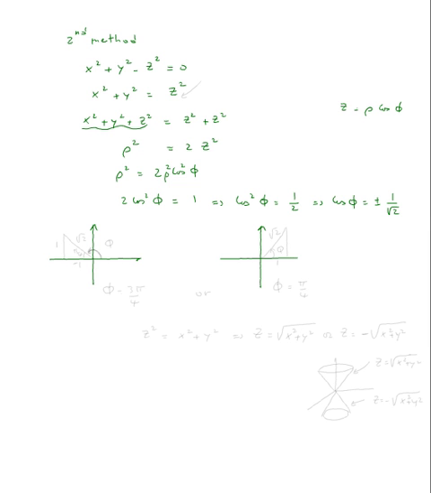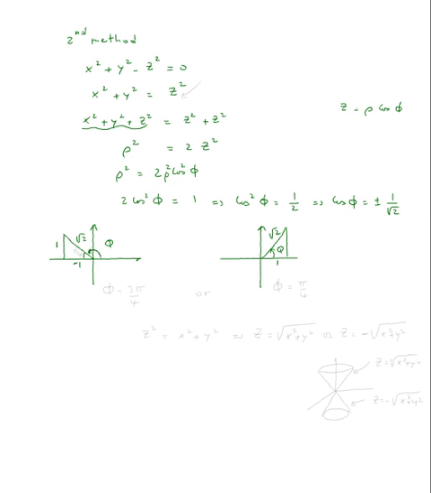Now, when the cosine is positive, this is our phi. So cosine will be 1 over square root of 2. Now when the cosine is negative, this is my phi, and I know it's negative 1 over square root of 2, and this is 1.